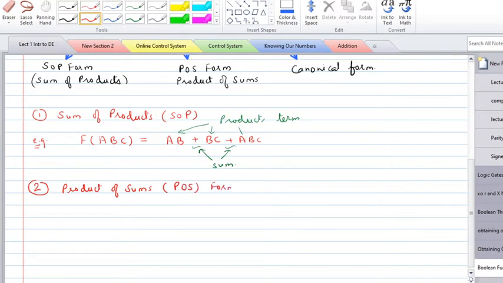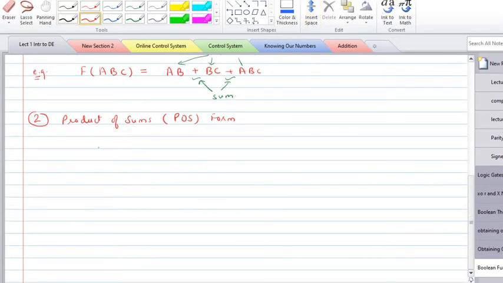In case of POS form, a Boolean function is represented in terms of a product of sum terms. If f(a, b, c) is a Boolean function, then a plus b is a sum term which is multiplied with a plus c plus b or a plus c or anything else.